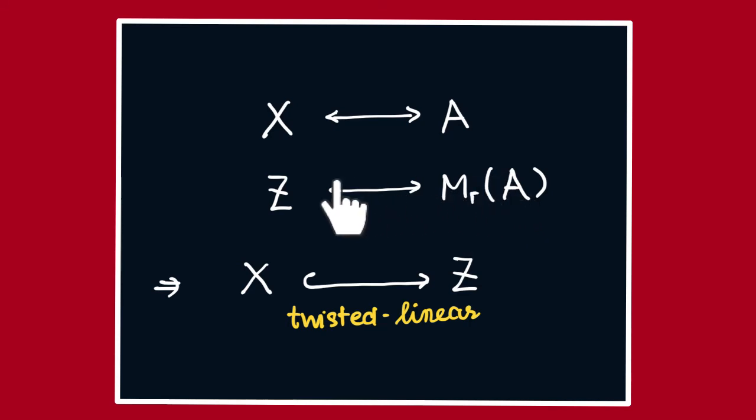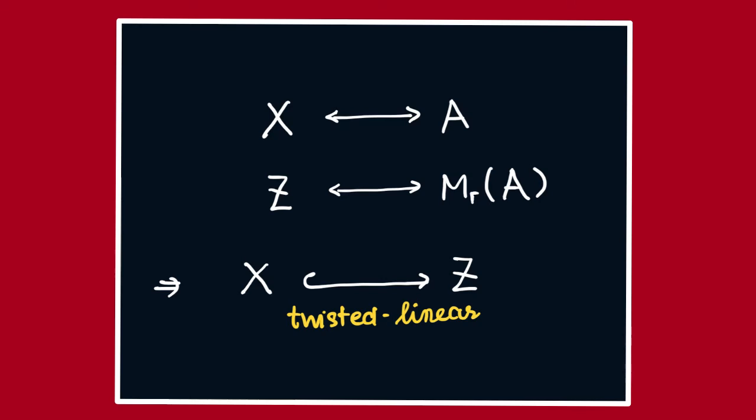And then let Z be the Severi-Brauer variety corresponding to the matrix algebra M_r(A). Then the claim is that we can embed X as a twisted linear subvariety of Z.